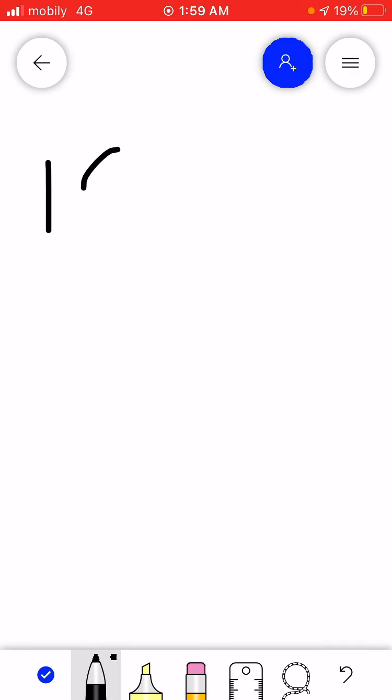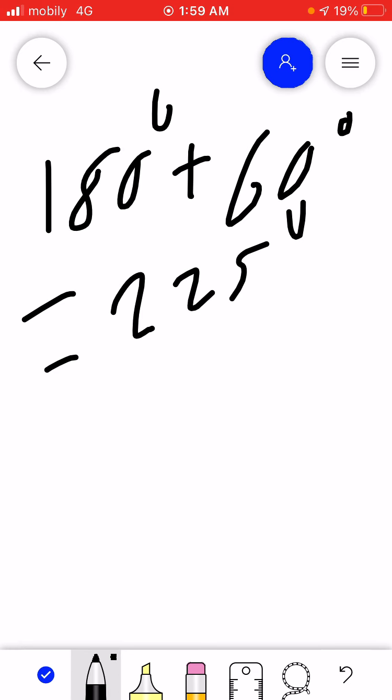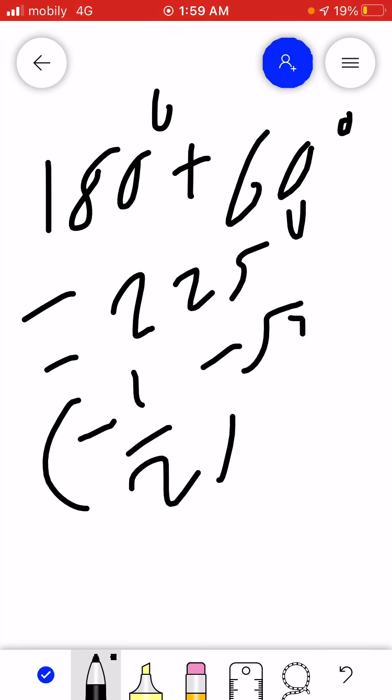So now we're talking about the 60 degrees equivalent of that. 180 plus 60 degrees is equivalent to 240 degrees. So that will hold negative half and negative root 3 over 2. All right, that's for this one.